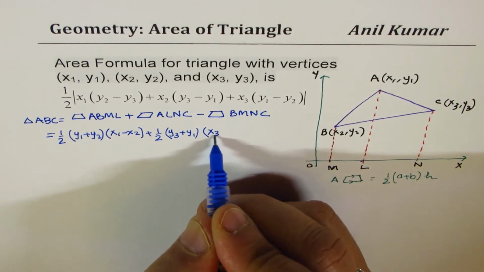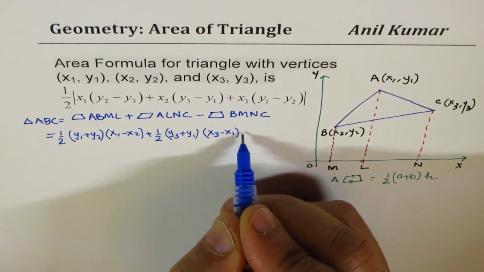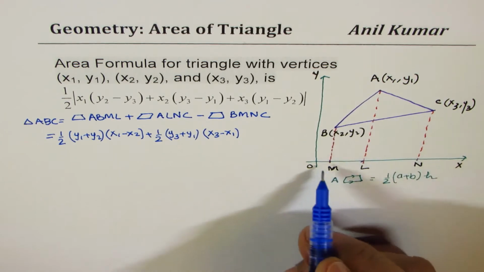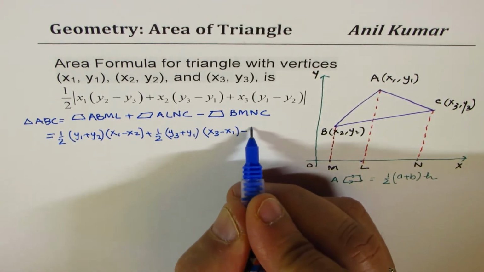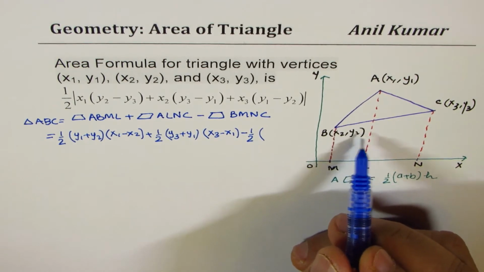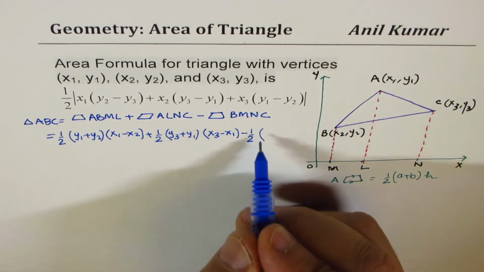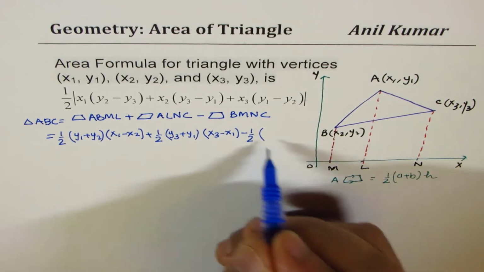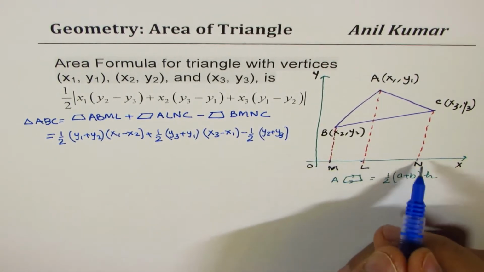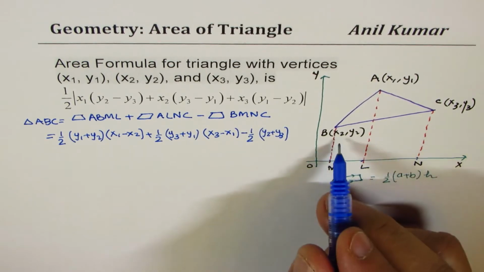So x3 minus x1. And now we have to take away the lower trapezoid, which is BCON, right? So which is minus half of. So here we have y2 and y3, correct? So we'll add them up. These are the two parallel sides. And the difference between these two is x3 minus x2.